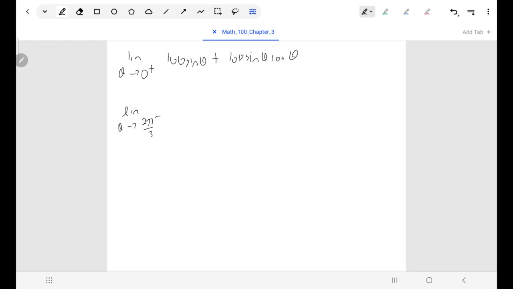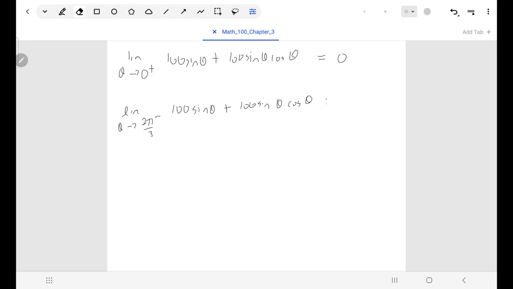For theta approaching 0, as you approach 0, sine theta approaches 0. So the first term becomes 0. The second term becomes 100 times 0 times 1, which is 0. So the limit is 0. What happens at 2 pi over 3? Well, as theta approaches 2 pi over 3, I know that sine will be root 3 over 2, and cosine will be negative 1/2.